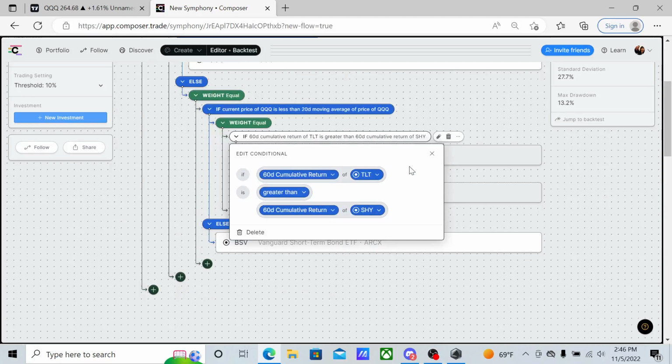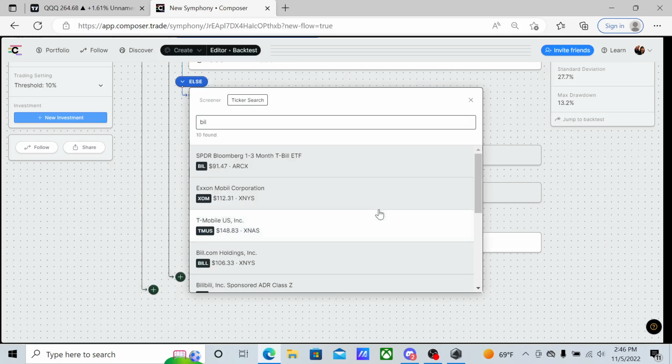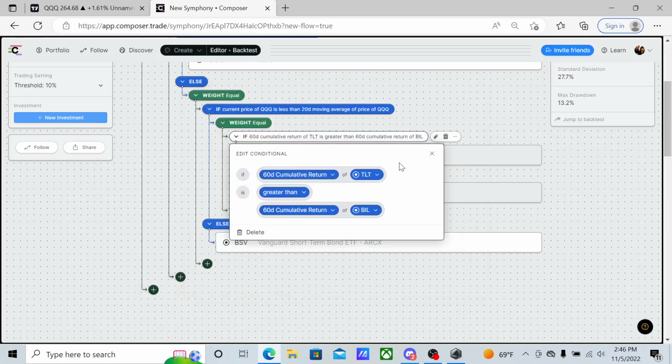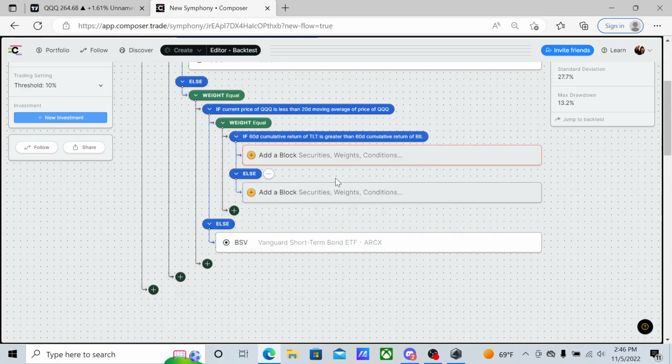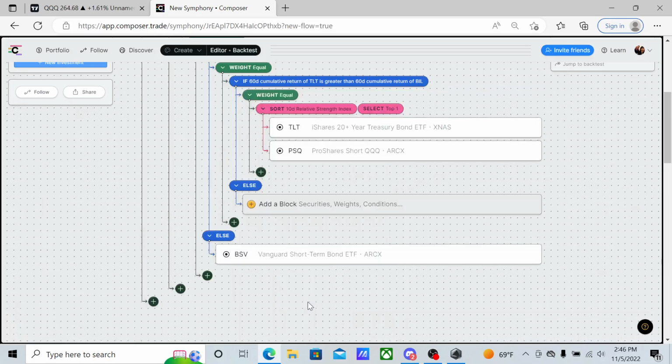I was actually thinking to use BIL, because then you can use TLT for one and BIL for the other. So in normal market conditions you'd probably choose TLT all the time, and when you get to now, where bonds are doing badly, you choose the bonds that are doing the least bad. Yeah, makes sense.